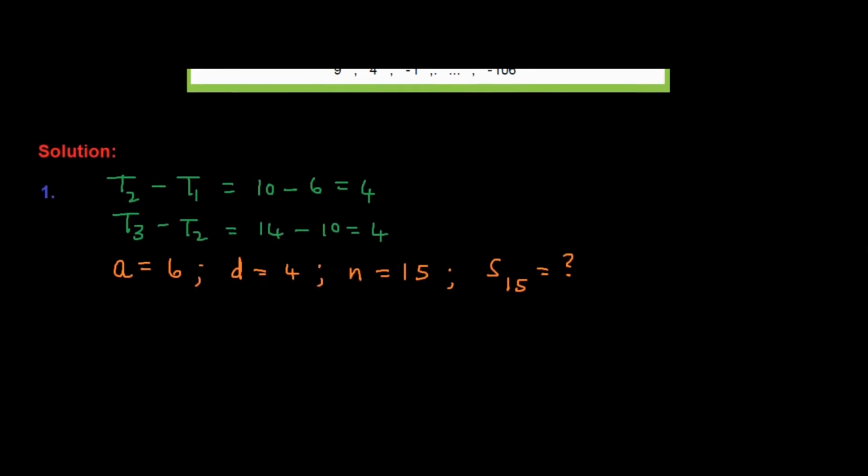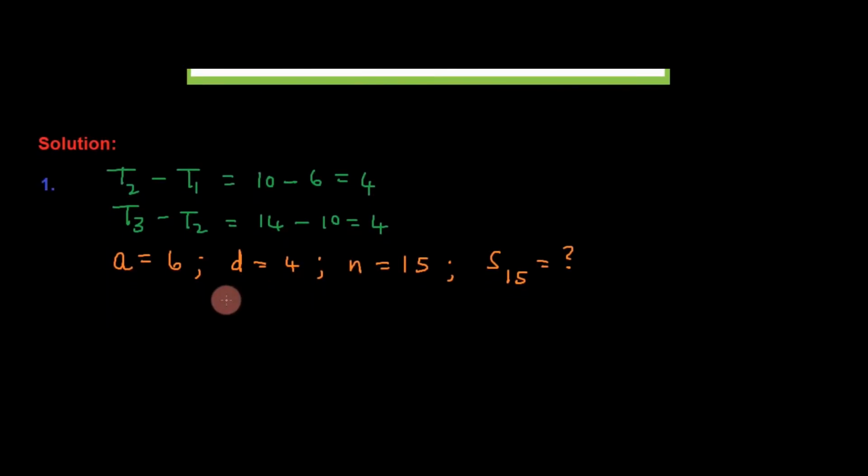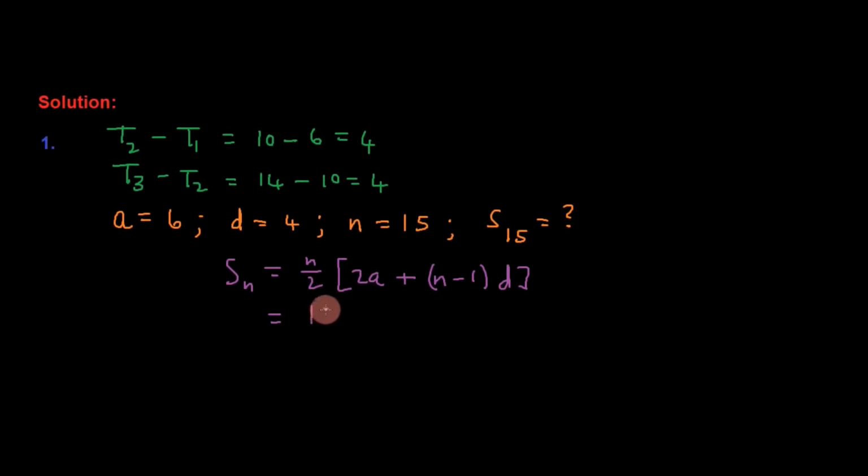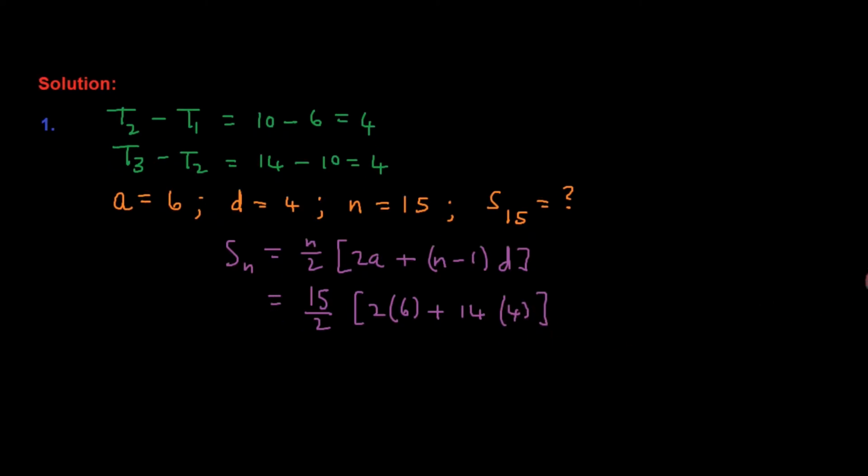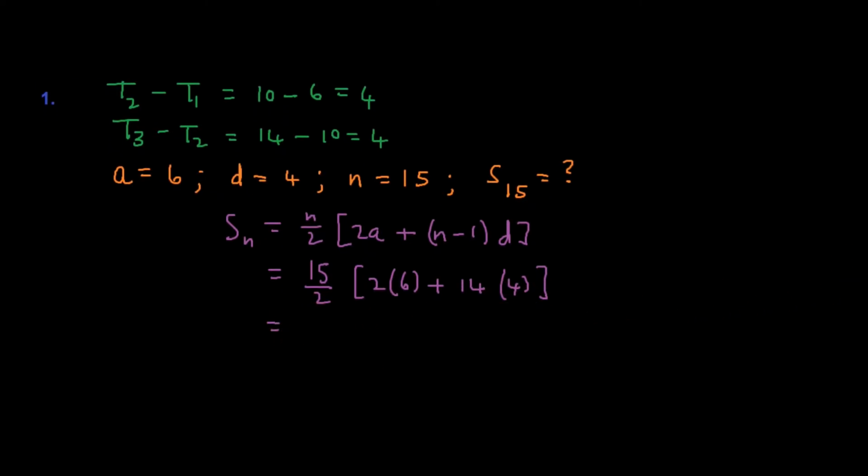So then just using the sum formula, S sub n equals n over 2 into 2a plus n minus 1 times d. We substitute in. So it's 15 over 2 into 2 times 6 plus 15 minus 1 is 14 d. And we can work this out on a calculator.